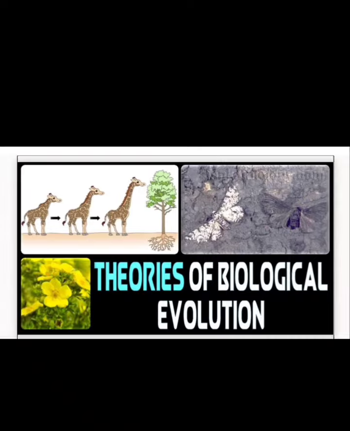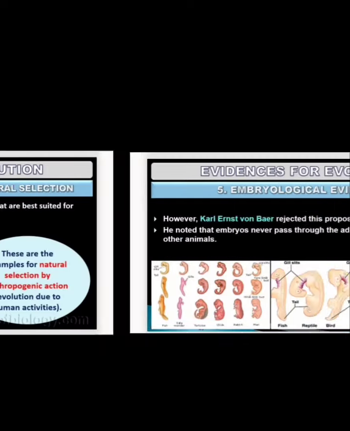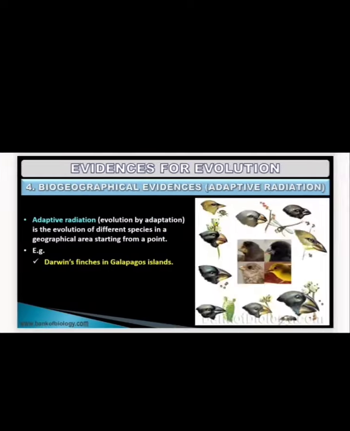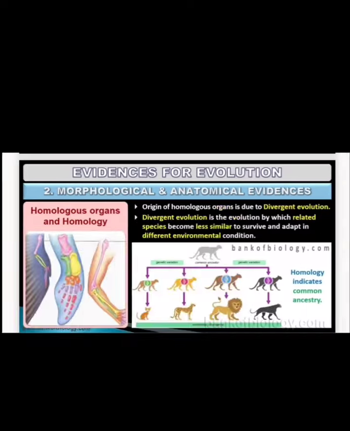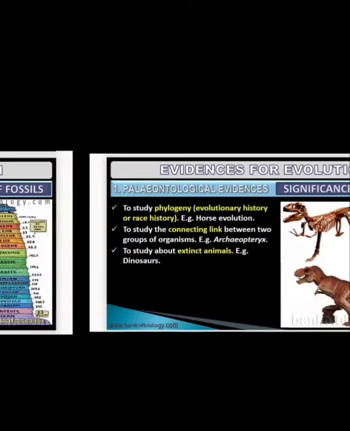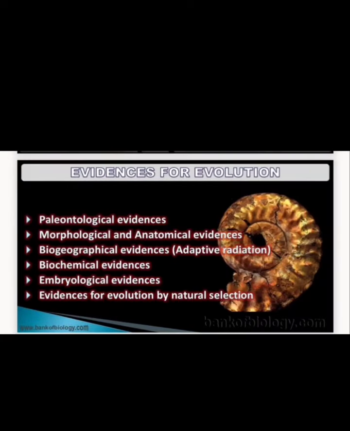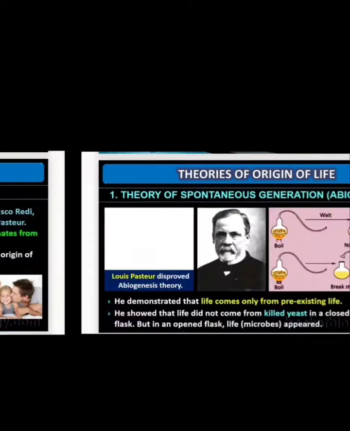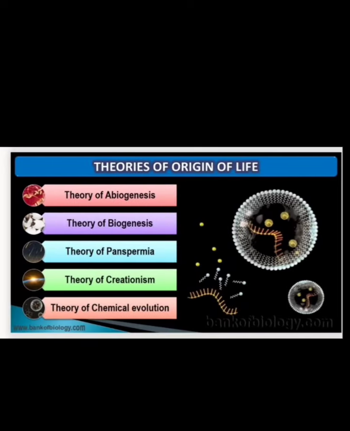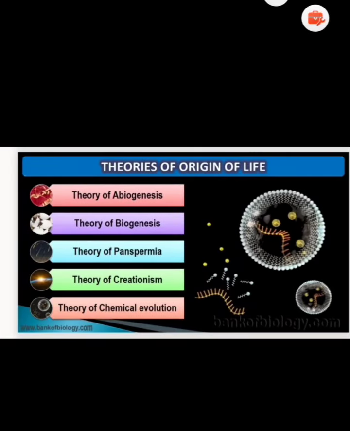So these are some of the evidences of evolution. We have seen so many evidences. These evidences will help us to know the different theories that have been proposed to understand evolution, and also to see how evolution has occurred.